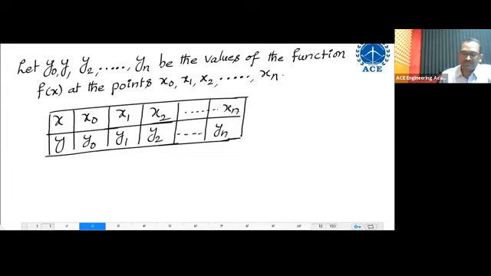Remember, interpolation means finding y value for any x value between x0 and x1, or between x1 and x2, or between x2 and x3, and so on.